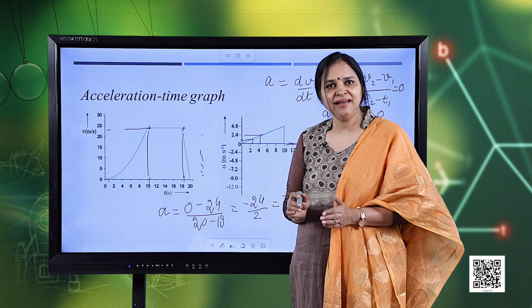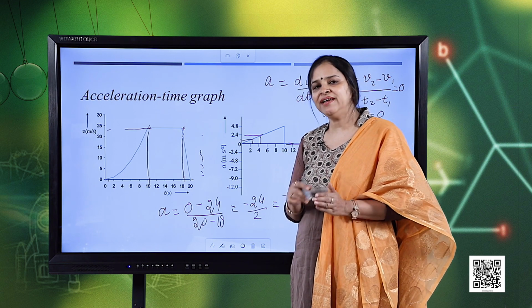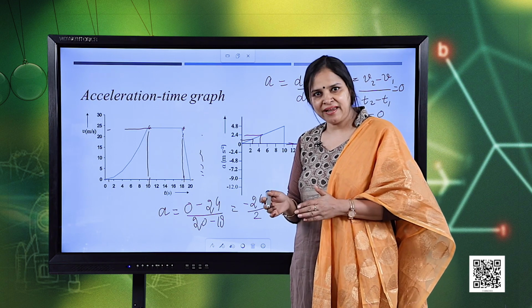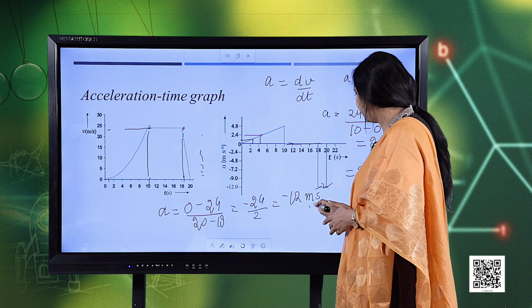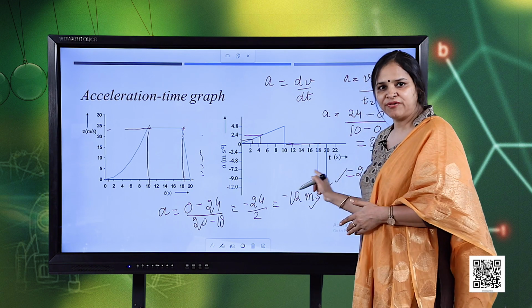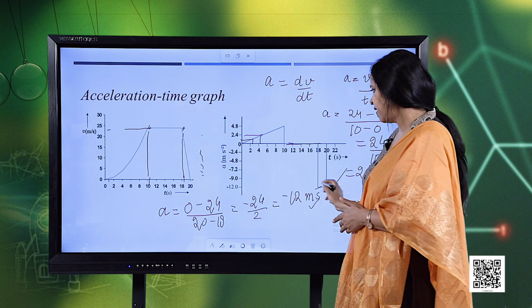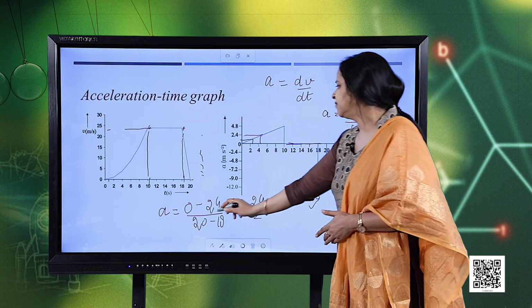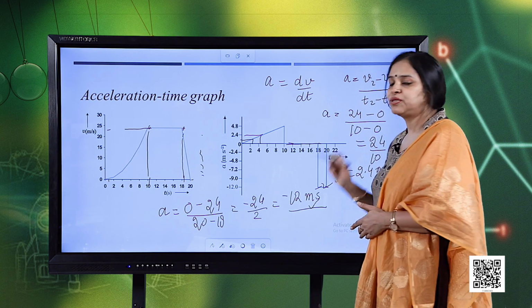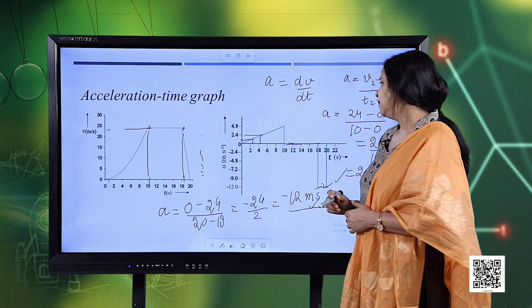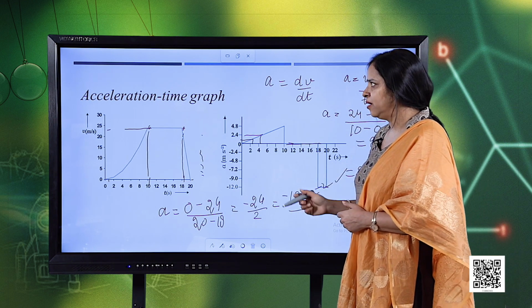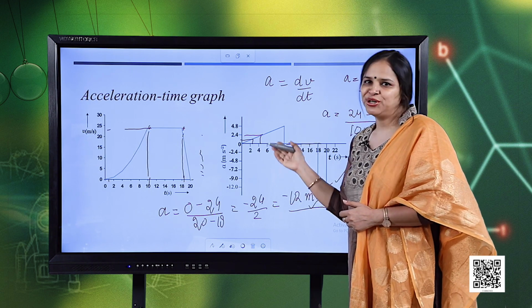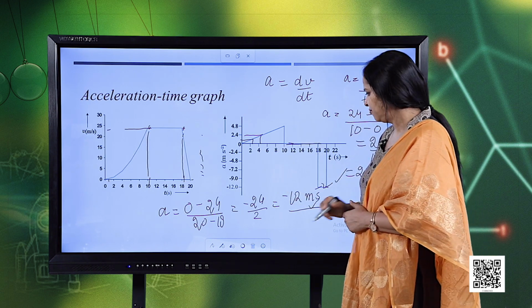So, the acceleration at every instant will be the same as the average acceleration, as we can verify from this graph. It is minus 12 meter per second square graphically, and the average acceleration has also the same value. So, this is how we can plot an acceleration time graph using a velocity time graph.